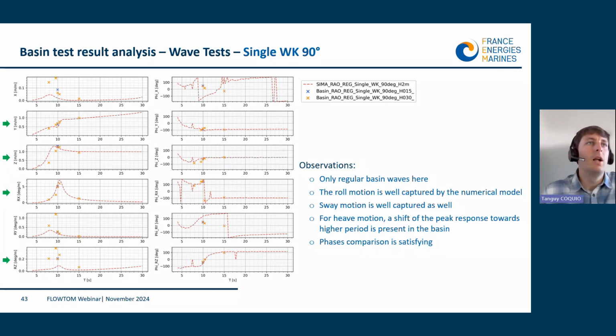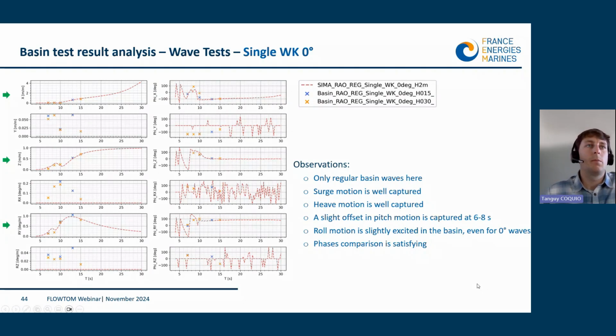So please focus on the green arrows. We can see that the sway motion and the roll motion are well captured by the model. For the heave motion, we have a shift in the peak of response at 7 and 8 seconds. This is not happening again with the irregular motion. We did not understand this point, maybe it is a measurement error. And the phase comparison is satisfying for this first result.